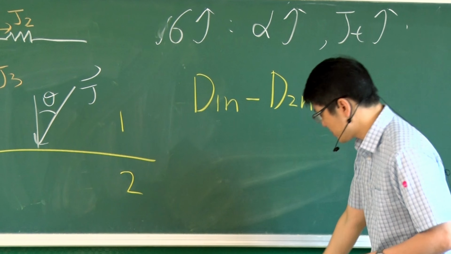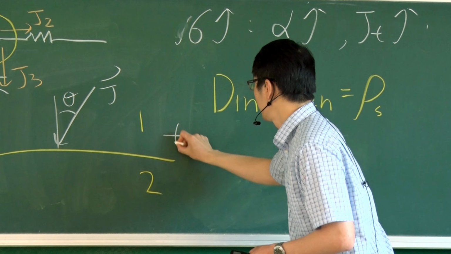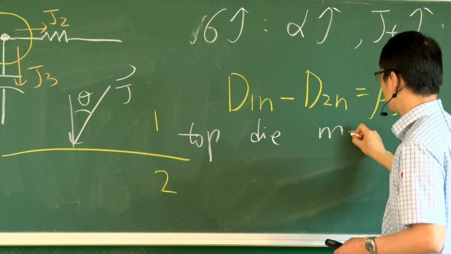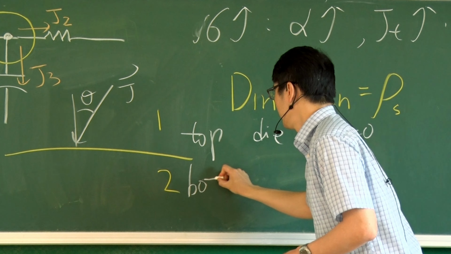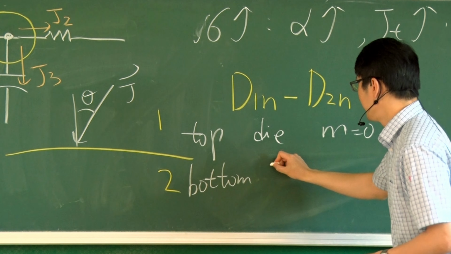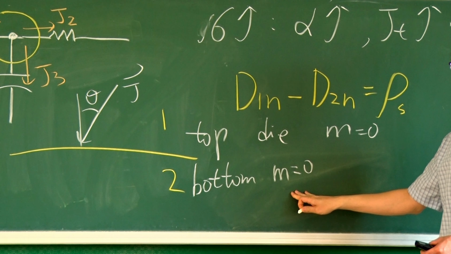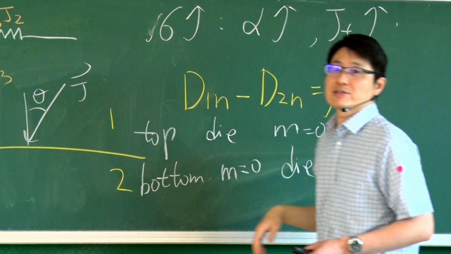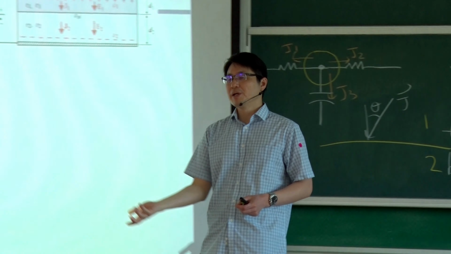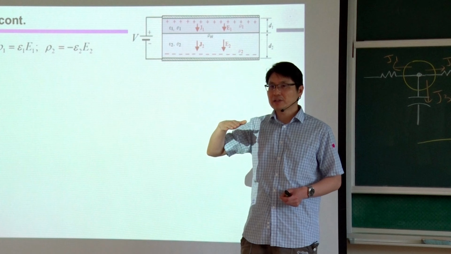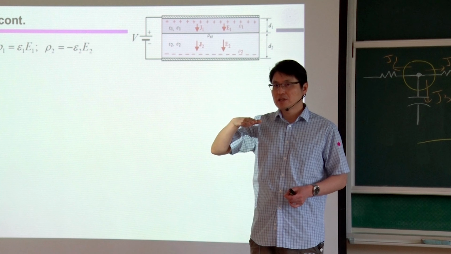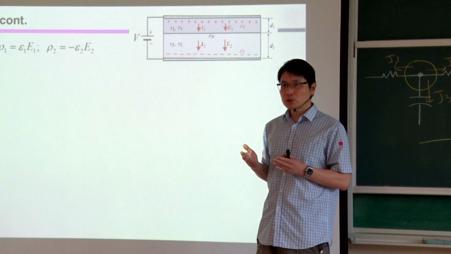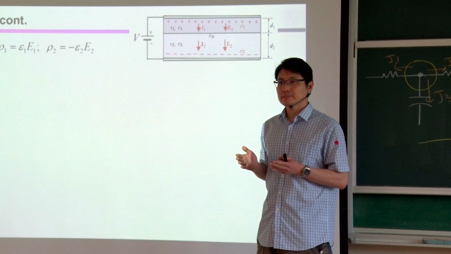But for the bottom interface, you have metal where you have no field inside and you have the dielectric, so you have the negative sign. Okay? And the physical meaning is the top and bottom charge densities need to have different signs to preserve charge neutrality. Okay?